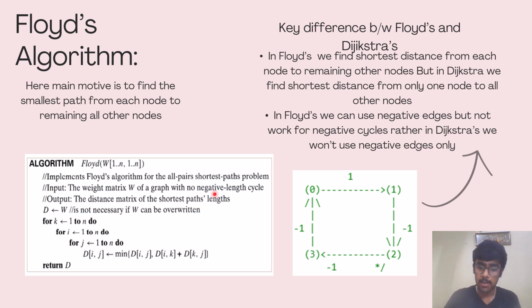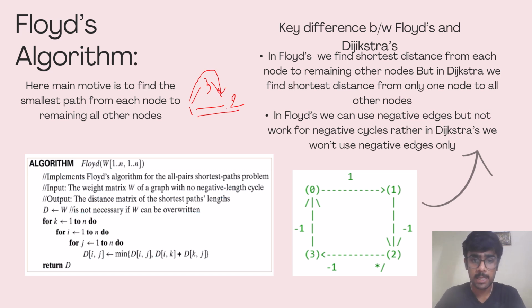That is, if I have two nodes, 1 and 2, is the direct path from 1 to 2 smaller, or the distance from 1 to 3 and 3 to 2, this indirect path, is smaller? Based on that, the minimum path will be taken. This is about Floyd's algorithm.